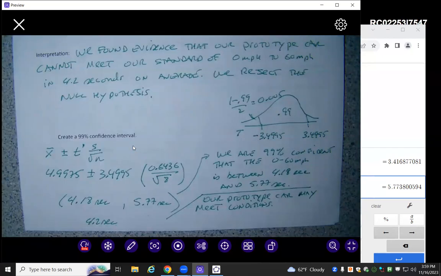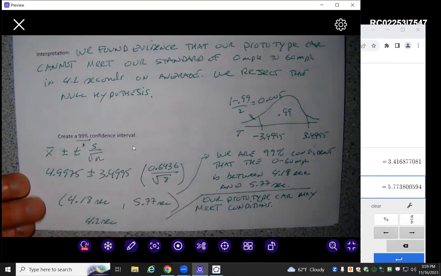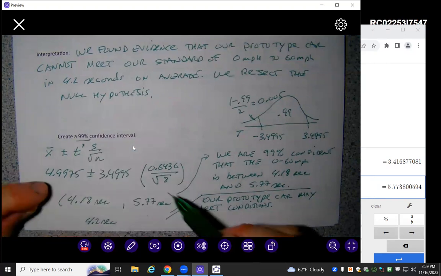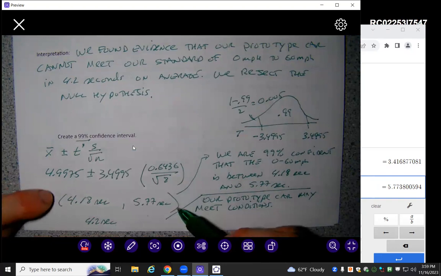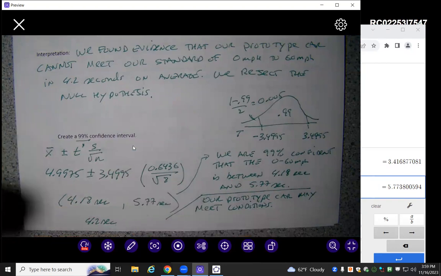So what's going on here? Why is it that one failed and one didn't? So right now we have a mismatch between the two. I chose a very high confidence level. So what happens when you choose a very high confidence level? Well, you are increasing the ends. As the confidence level goes up, so does the margin of error. So I went so high that it encompassed this value.